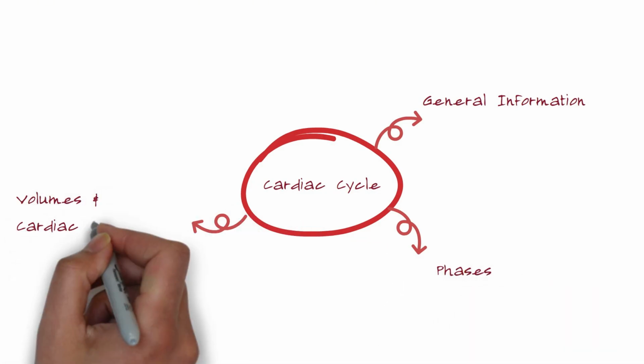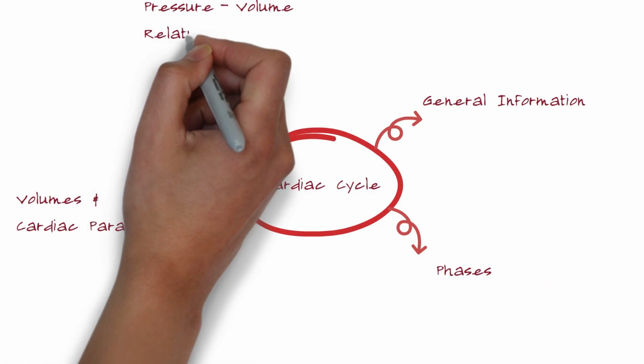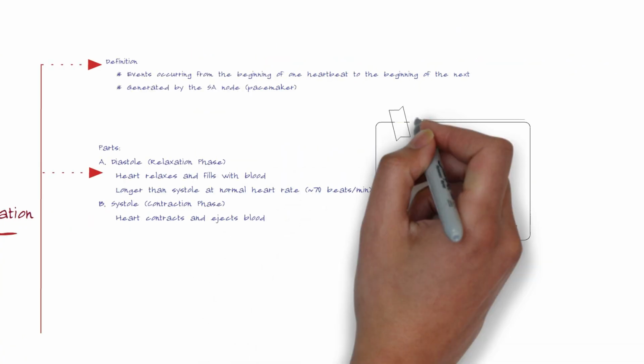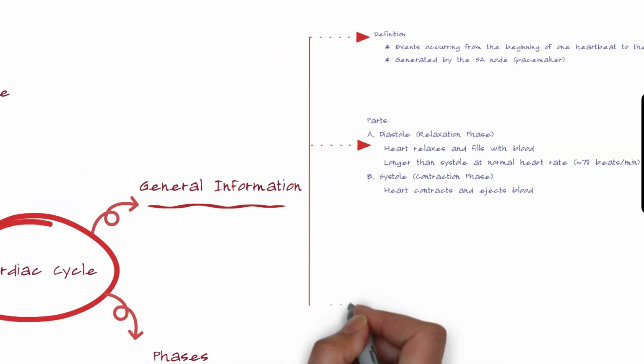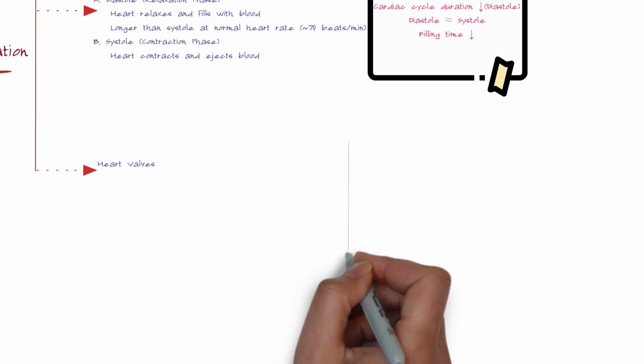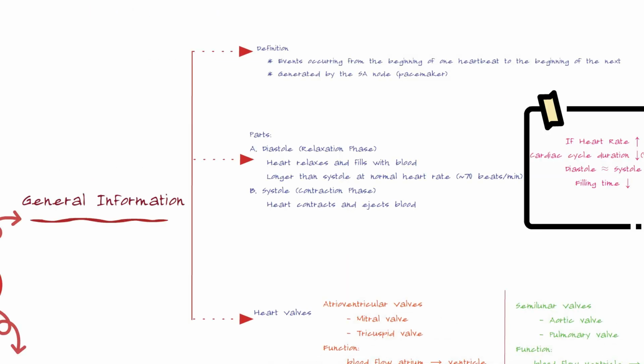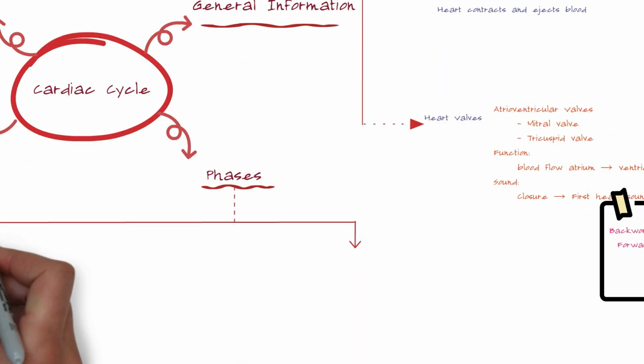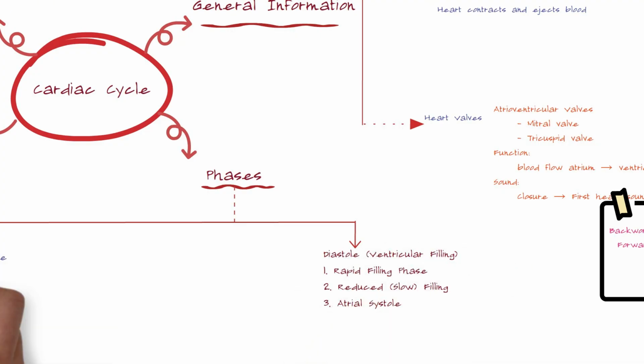We started with general information defining the cardiac cycle, emphasizing that it has two main parts, the systole and the diastole, and that the diastole is always longer than the systole when the heart rate is normal. Then we discussed the difference between the semilunar and the AV valves.